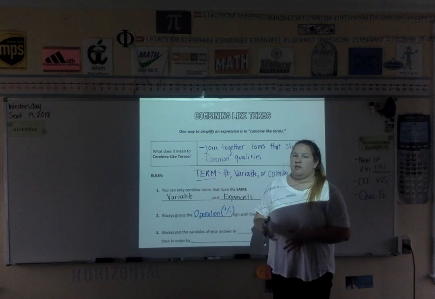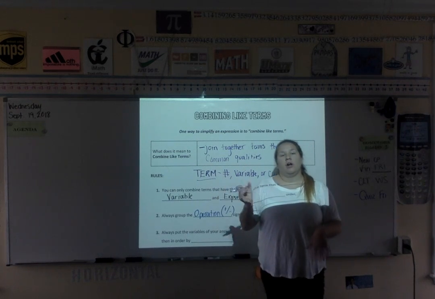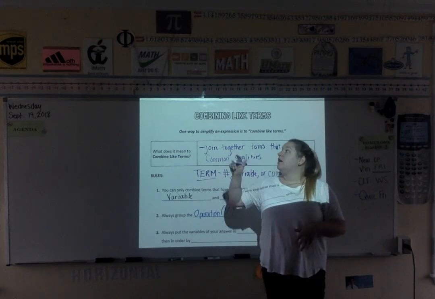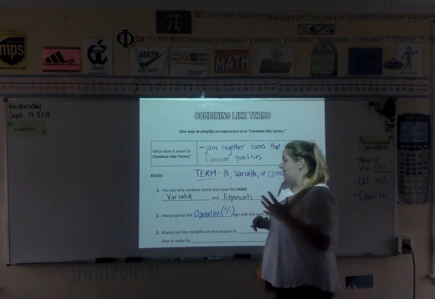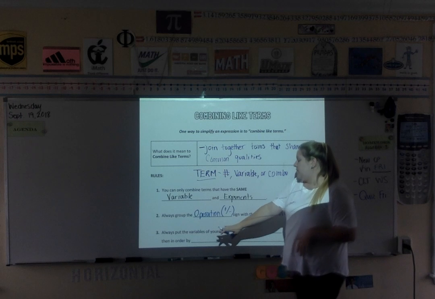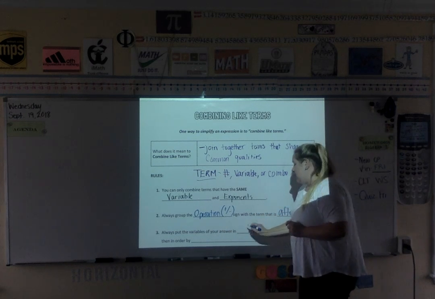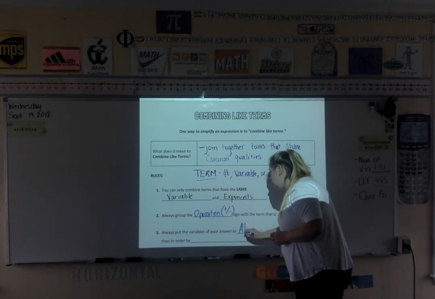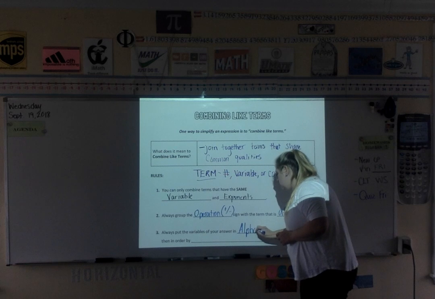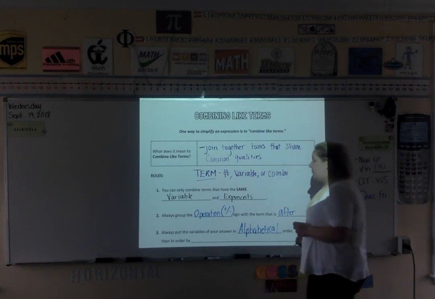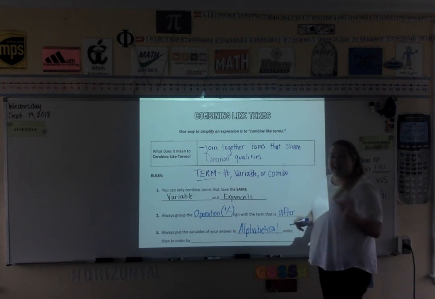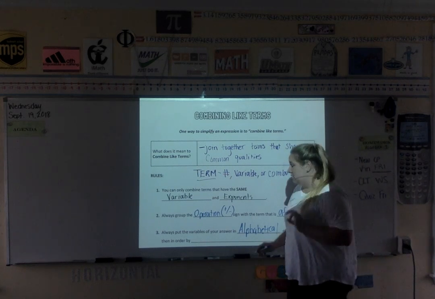If you think about the dictionary, it's in alphabetical order. If you think about a number line, it's in numerical order. So those are two things that we're going to be focusing on, okay? So always put the variables of your answer in alphabetical order. Then in order by exponents.